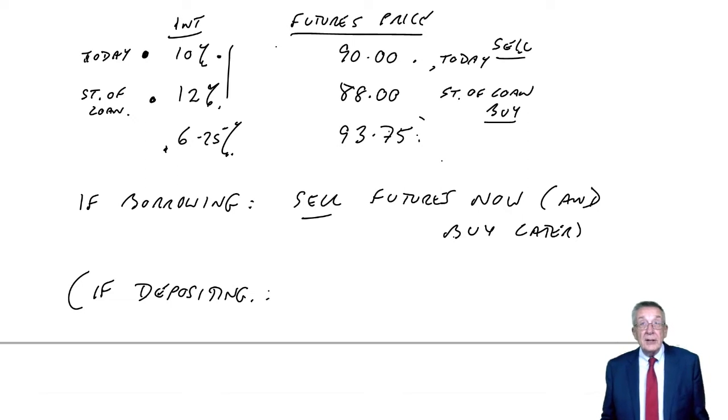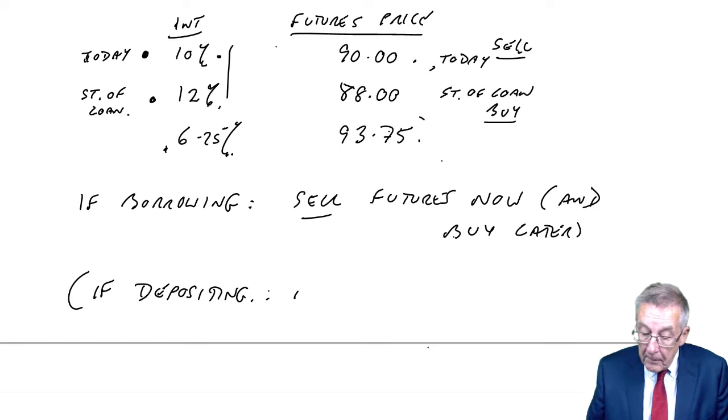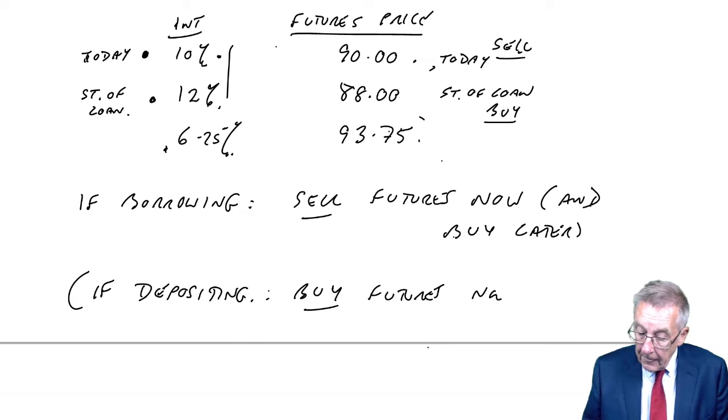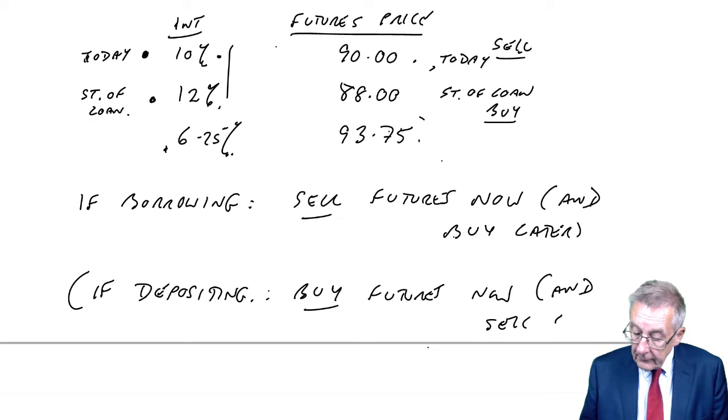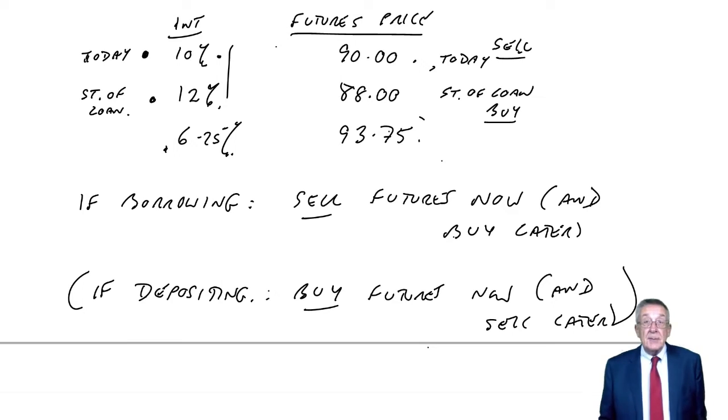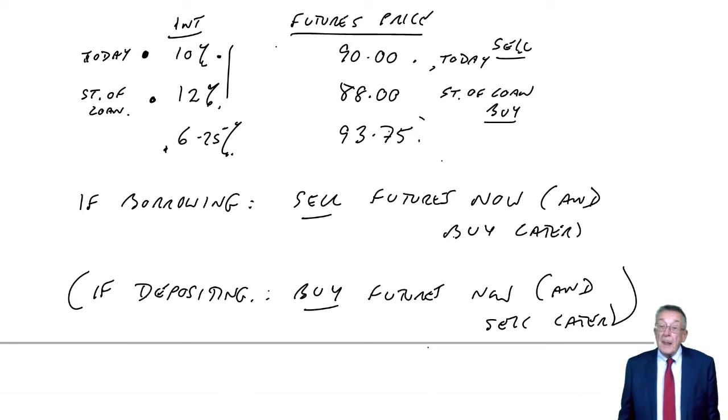How would you make a profit on the futures to cancel the loss on the interest? You would buy futures now and sell later. You do have the case in the exam sometimes when you are depositing, usually it's taking a loan, but I would have made that clear.